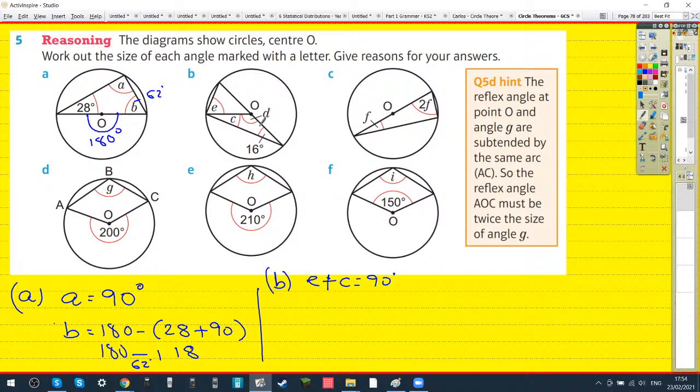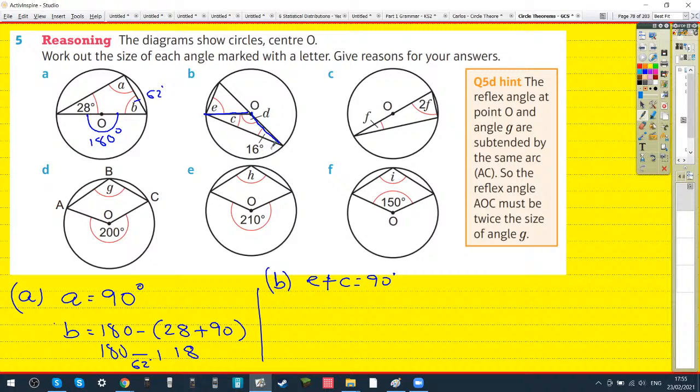So that's a radius. Are there any other radiuses? Yeah. Which one? Yeah, C. So how can you use that? So E and C are 90.